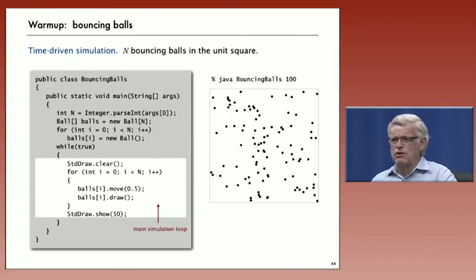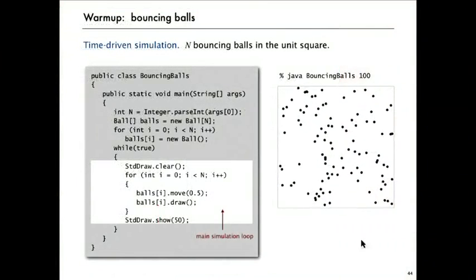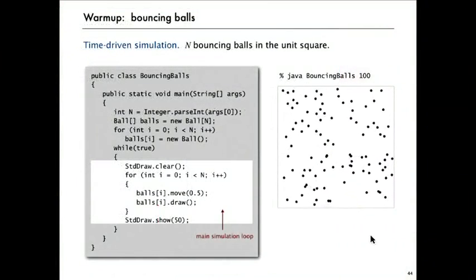So as a warm-up, here's the code to implement bouncing balls without the collisions. This is an elementary programming exercise. The code at the left has the effect shown at the right.